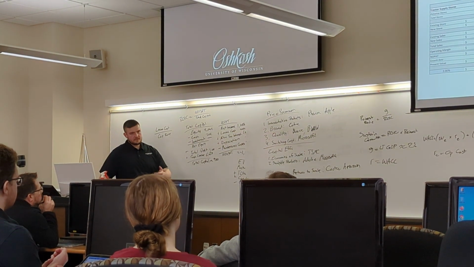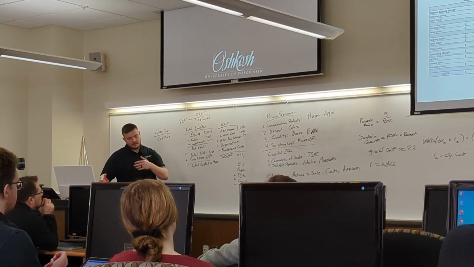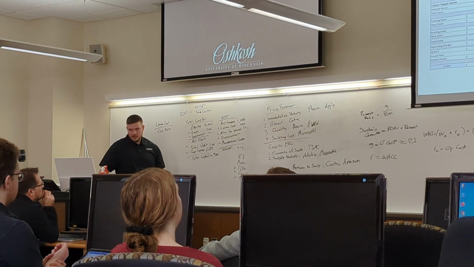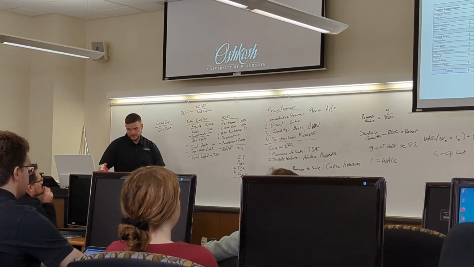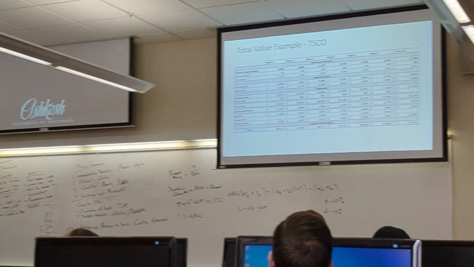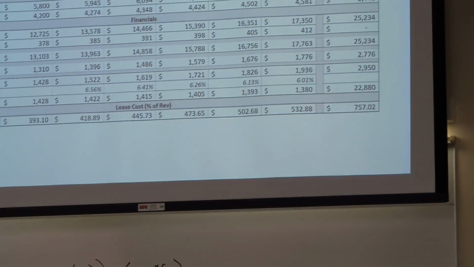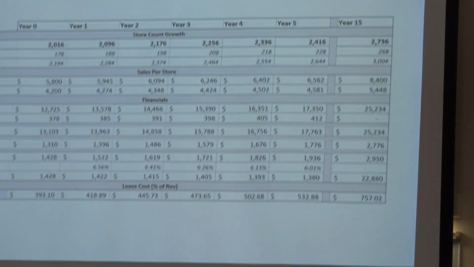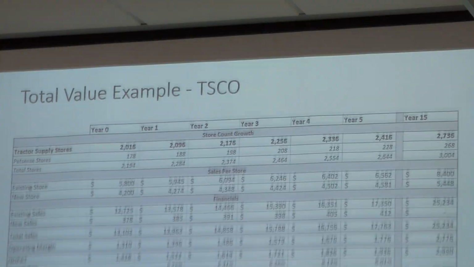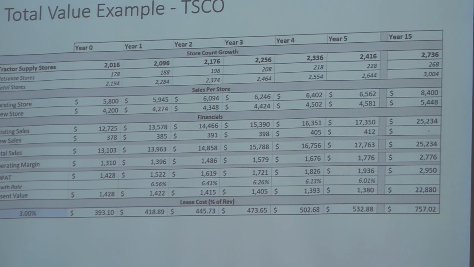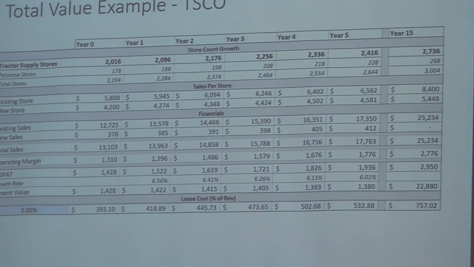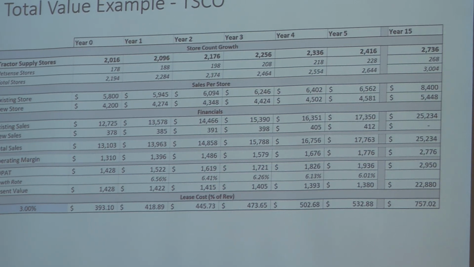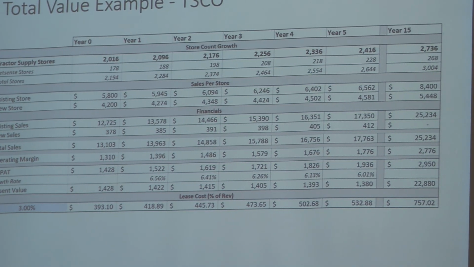So I added those 90 stores per year, calculated it, existing stores got the sales per store X, which is a little bit higher, new stores got their sales per store, took that, took my operating margin, that's how I dropped it down to net operating profit. I did take taxes off, though for this screen I didn't have that in there. Then I added back my lease payments and estimated that at about 3% of revenue over time.